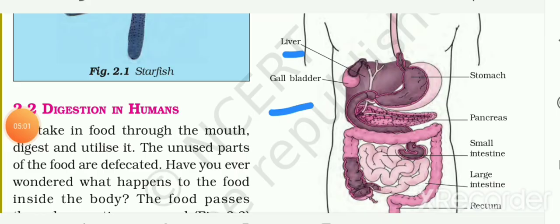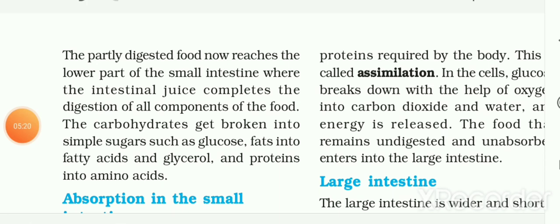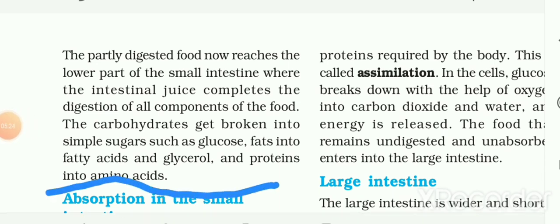Similarly, the pancreas is a large cream-colored gland located just below the stomach. Here, the pancreatic juice acts on carbohydrates, fats and proteins and changes them into simpler forms. The partly digested food then reaches the lower part of the small intestine, where the intestinal juice completes the digestion of all components of the food.